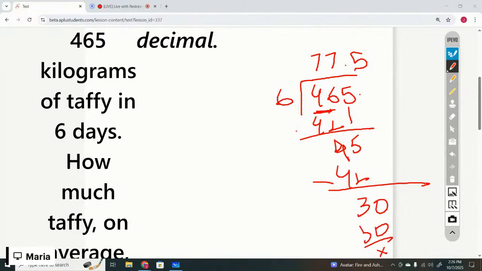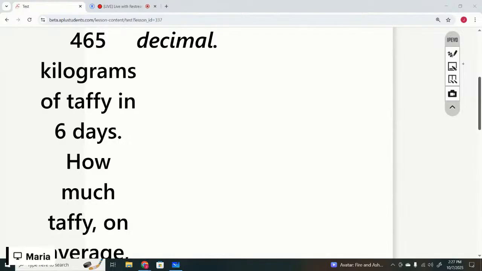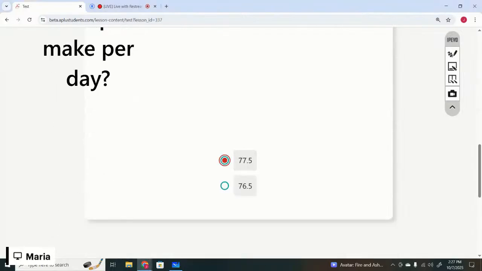That is 77.5. That is 77.5. Option number one.